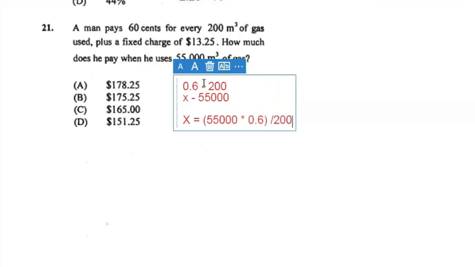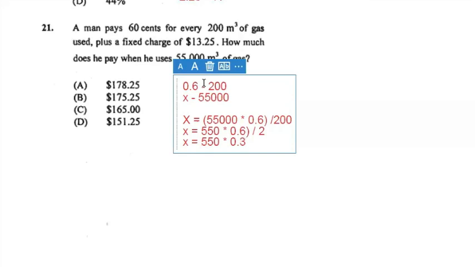So we can cancel the zeros from the 200 with 2 zeros from the 55,000, and we're left with x is equal to 550 multiplied by 0.6, and all of that is divided by 2, and then we can cancel the 2 with 0.6, and we're left with x is equal to 550 multiplied by 0.3.